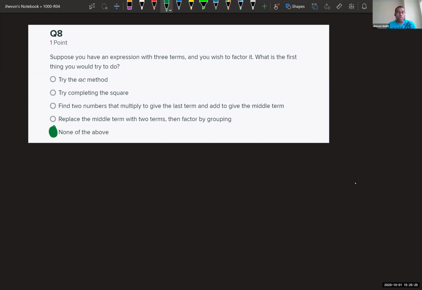What you do know is the first thing you would do without any information given is try to find the GCF. And even if you had quadratics, this would be one of the first things you would do. So if I had like 2x squared plus 4x plus 2, even before I tried the AC method, I should notice that there's a common 2 there, and I should factor that out first.